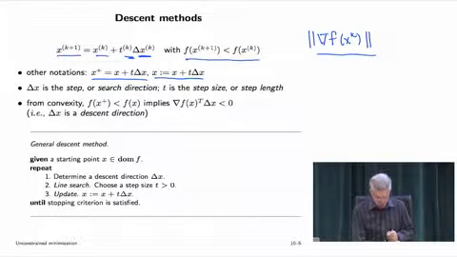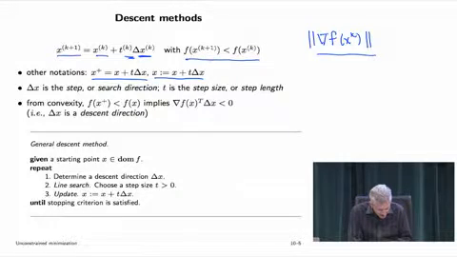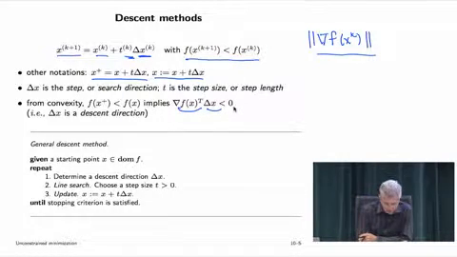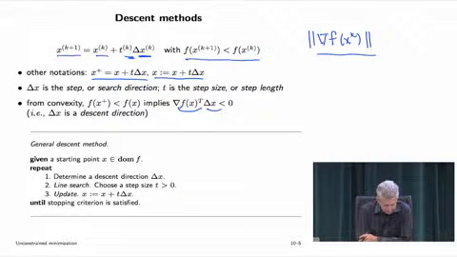And you just get cleaner notation. Now, if in fact f of x plus is less than f, so it's a descent direction, that says that the inner product of the direction you stepped in, that's delta x, and the gradient has to be negative. Okay? And such a direction is called a descent direction, right?